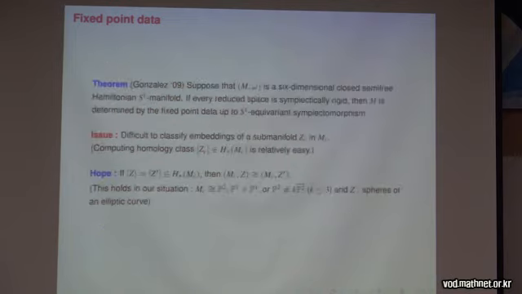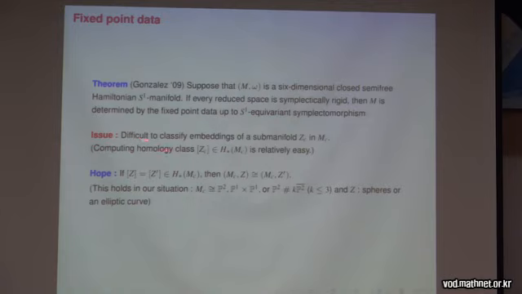And Gonzalez shows that if M is our manifold and every reduced space is symplectically rigid, then M is determined by fixed point data up to S1-equivariant symplectomorphism. So the classification problem of our manifold is the classification problem of the fixed point data under the assumption that every reduced space is rigid.